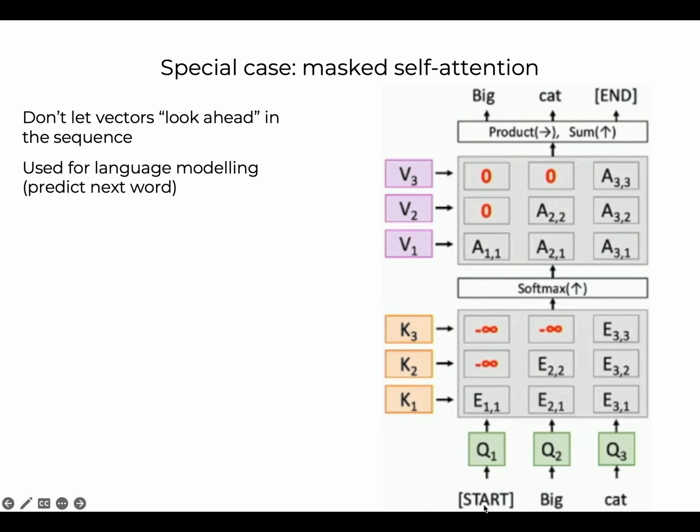So for example here, when we input this first token, which is just the start token, the attention score is set to -infinity for the positions that haven't happened yet. So when we're at this first token, we haven't seen the second and third token yet, so we're not allowed to pay any attention to them.